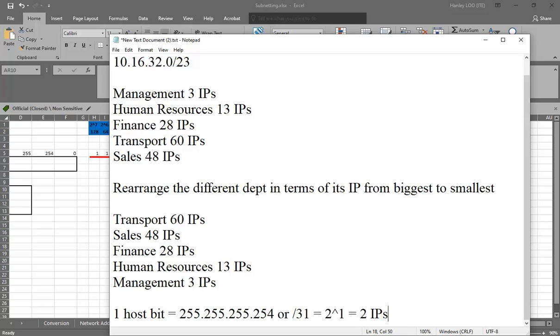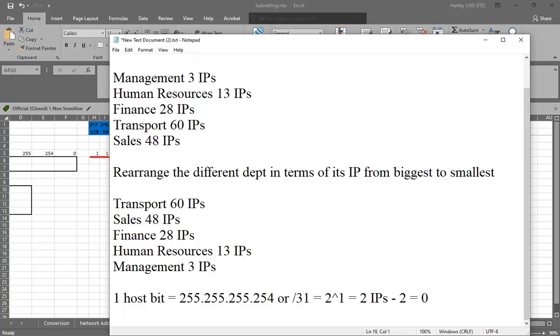But we know that in every subnet, 2 addresses need to be allocated for network and broadcast. So 2 minus 2 gives me 0. So effectively /31 is normally not used for any planning of subnets. For 2 host bits, it is a similar process.